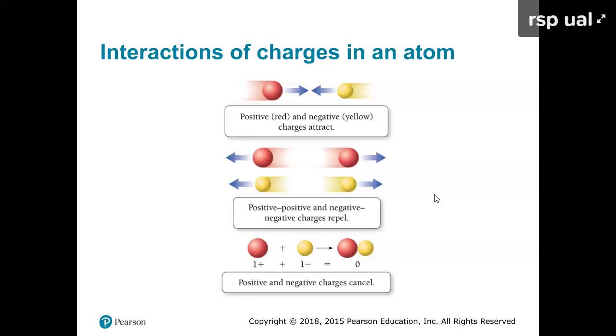And ultimately, it is going to happen in such a way that it's going to largely negate these other forces that exist. Because you might also be thinking to yourself, well, wait a second, if positive forces repel, why is there a nucleus? You got all that proton packed into that really tiny space. Why doesn't it just fall apart?